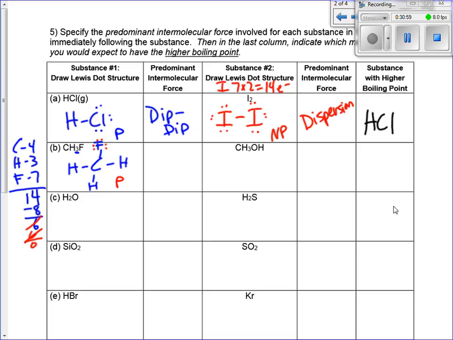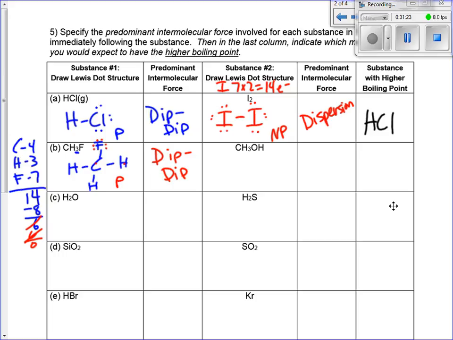We have H to C and F to C. Do we have any H to F's though? No, so this does not involve hydrogen bonding. So this one would just be what? What is the polar one? Dipole-dipole. Okay, now we have that one done.